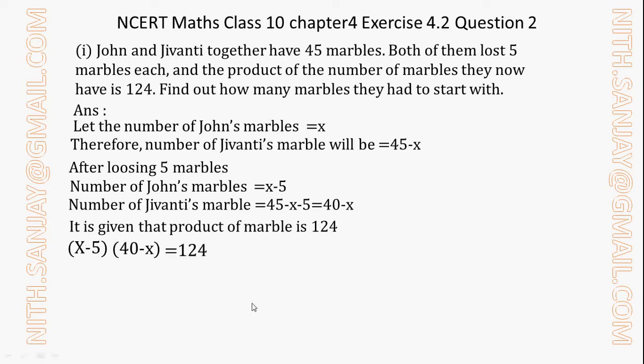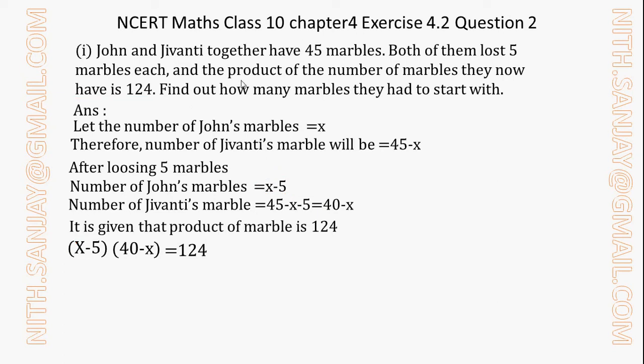This should be equal to 124 because it is given in this statement. After losing 5 marbles, John has x minus 5 marbles, I have written it here, and Jivanti has 40 minus x marbles, I have written it here. I have multiplied both of them, and this should be equal to 124.